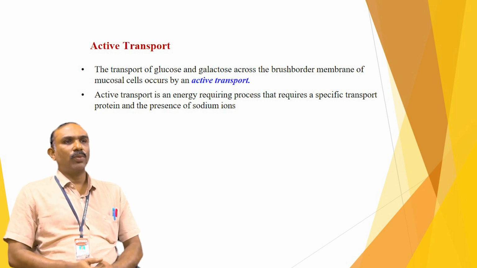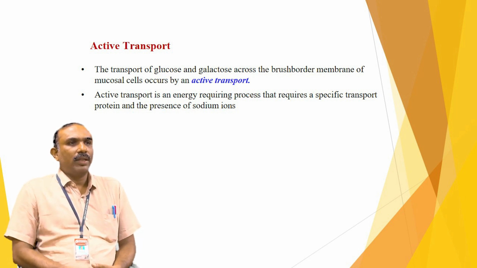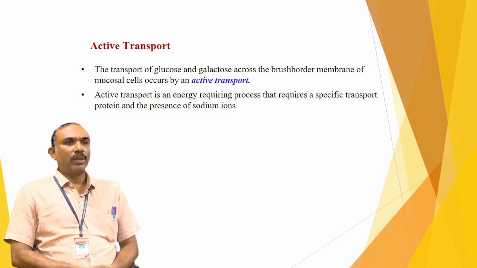This is an energy requiring process that requires a specific transport protein and the presence of sodium ions. It means the transport of glucose from lower concentration to higher concentration, which requires transporters present on the membrane of the intestinal luminal cells.